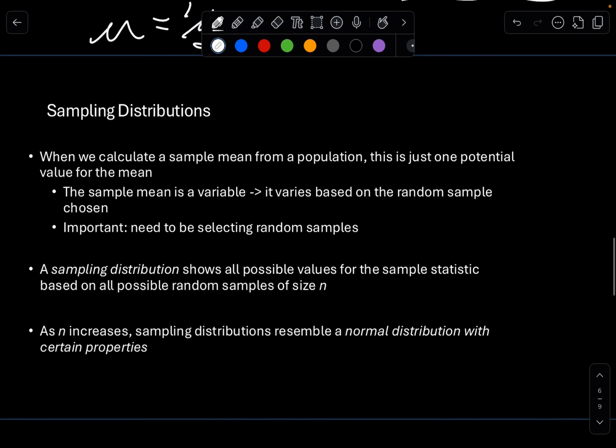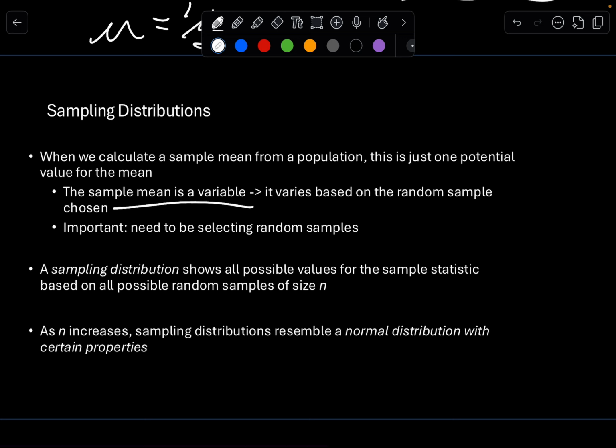We're going to be looking at sample means in this lab. Sample means and standard errors, sample standard deviations. The sample mean is a random variable. When we draw a sample from a population and we calculate the sample mean, that is just one possible value for the sample mean. The population mean is fixed.